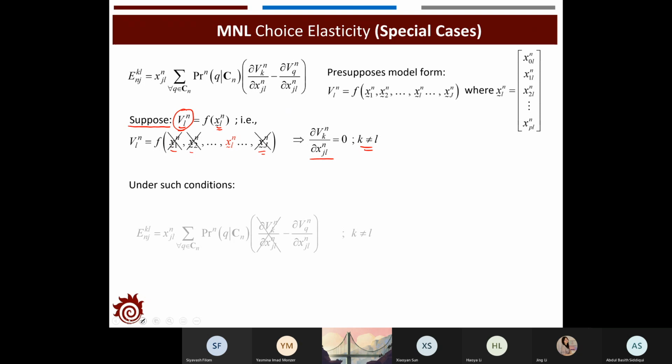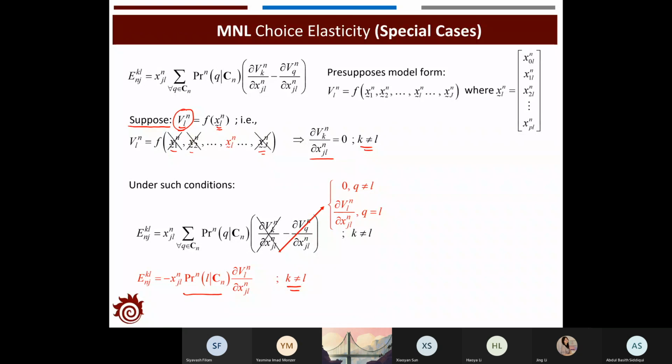So for this elasticity, if k is not equal to L, the result is partial XJL times the probability of L times the partial VL divided by partial XJL. So this is the simplified equation for the elasticity.